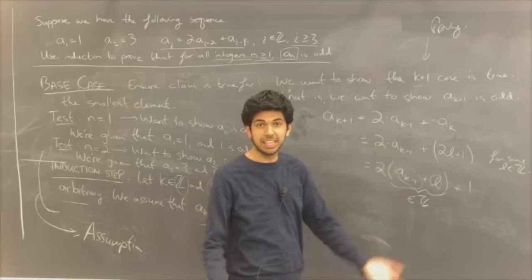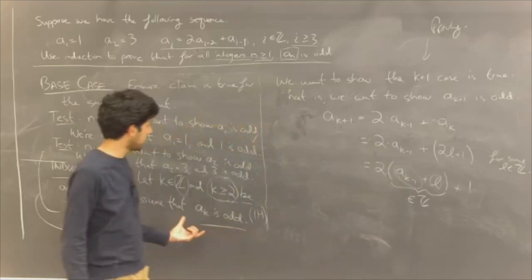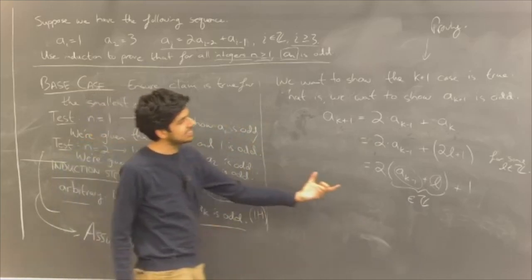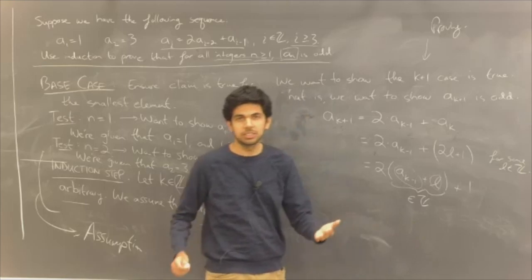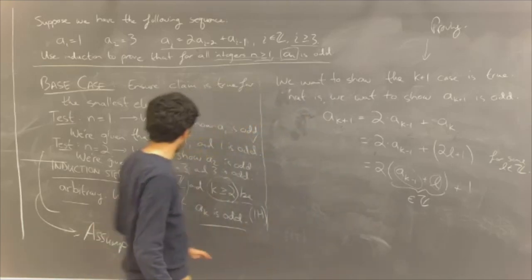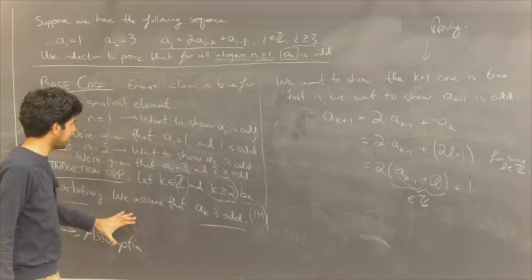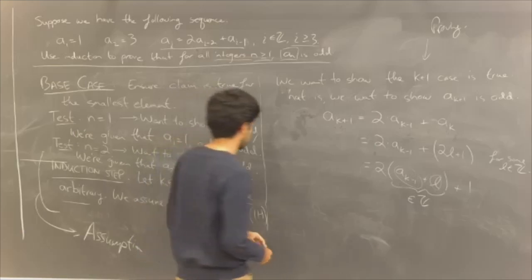And luckily, we can do that. That's the entire purpose of strong induction. When what we assume seems like it's not taking us as far as we want, we add more to the induction hypothesis. We assume more things. So I'm going to rewrite this induction hypothesis, and we'll see what a strong induction hypothesis looks like.